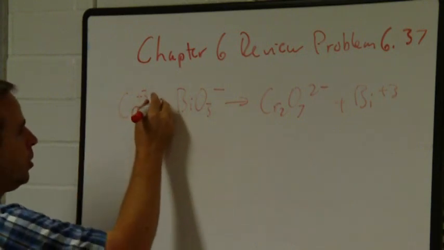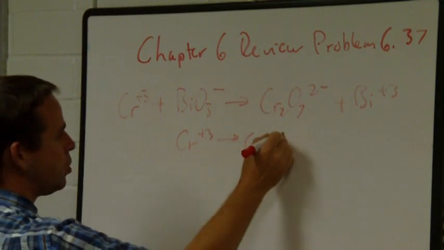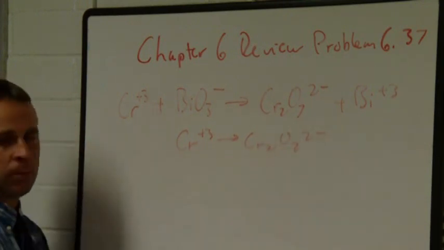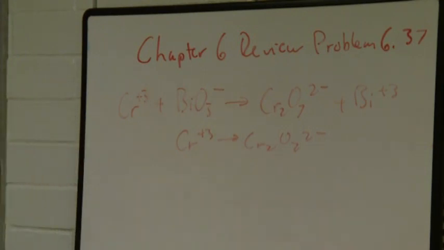Okay, so Cr plus 3 going to Cr2O7 2 minus. Okay, starting off here, we notice that the chromium is not balanced. So we need to balance the chromium before we balance our oxygens and our hydrogens.